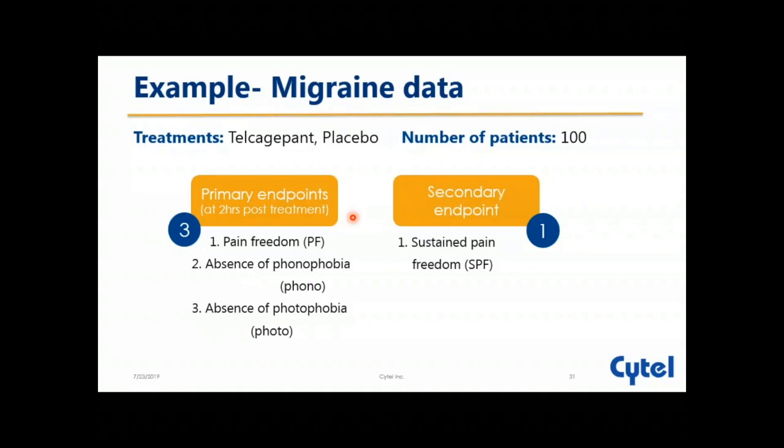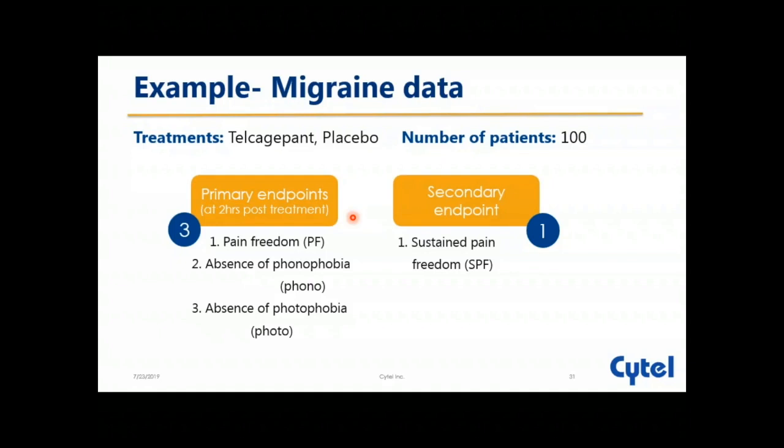So in migraine, the problem could be pain or phonophobia or photophobia. So the primary endpoints are pain freedom or pain relief, absence of phonophobia, so tolerance to the noise level, then absence of photophobia, that is tolerance to light. And the secondary endpoint is sustained pain relief.